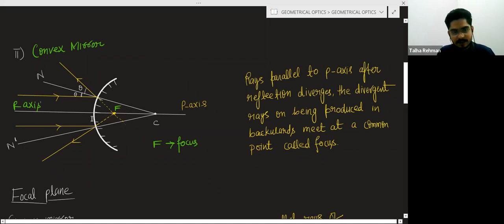These rays are diverging after reflection. The divergent rays, when produced in the backward direction, meet at a common point called the focus.